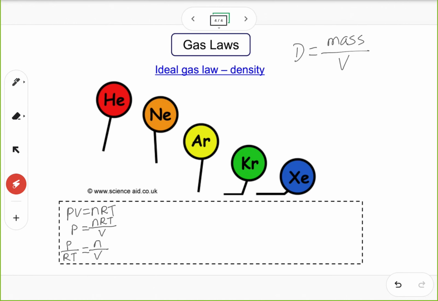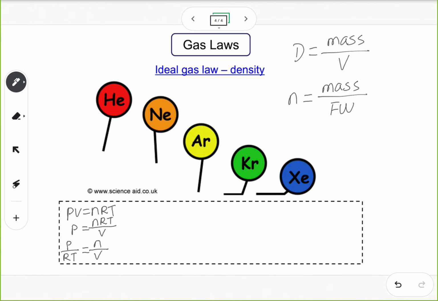Now what we need to do is remember, how do we define mole number? That equals the mass divided by the formula weight. So in other words, I can plug this equation into this side.